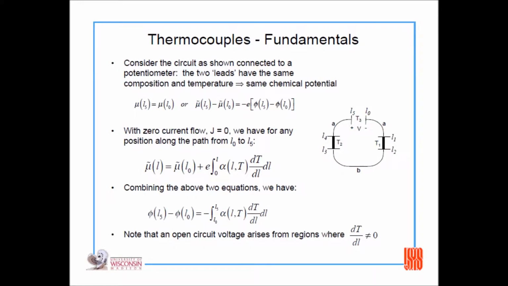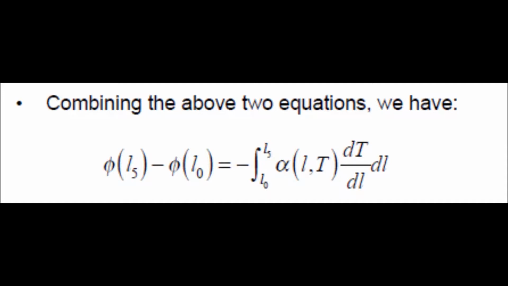Consider a circuit connected to a potentiometer wherein the two leads have the same composition, the same temperature, and the same chemical potential. By combining the two equations, we have, note that an open circuit voltage arises from regions where dT/dL is not equal to 0.